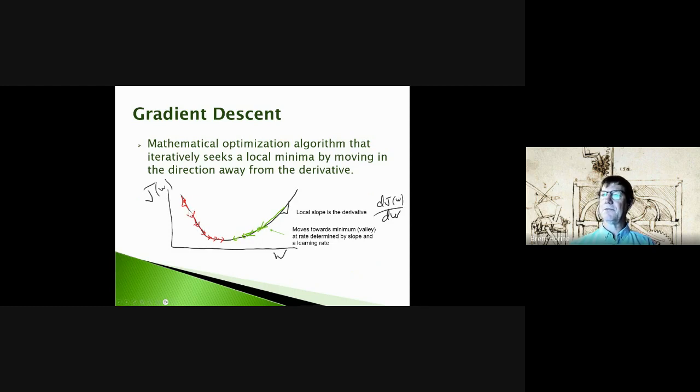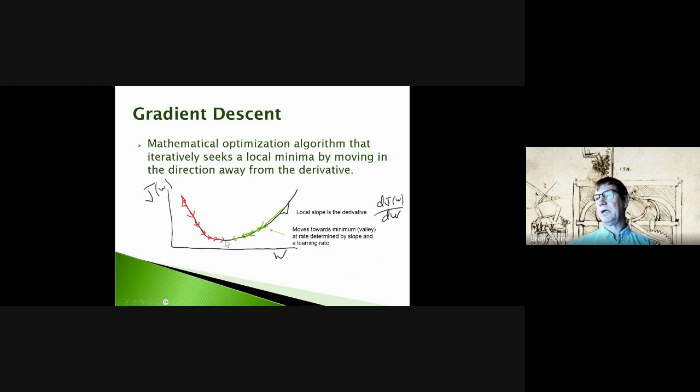So if we go from any one point to another point on this curve, we're always kind of inside it, right? So, but we're going to eventually settle out at this local minima, or in this case, the global minima of this cost function.